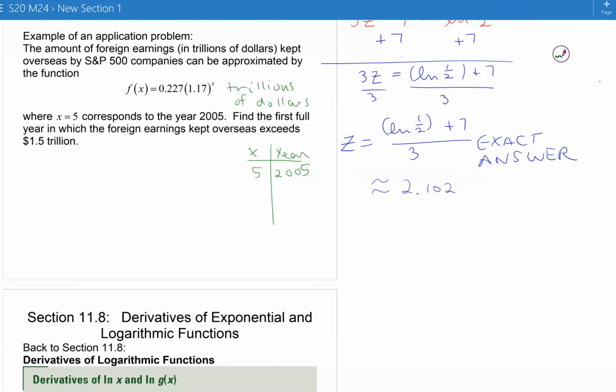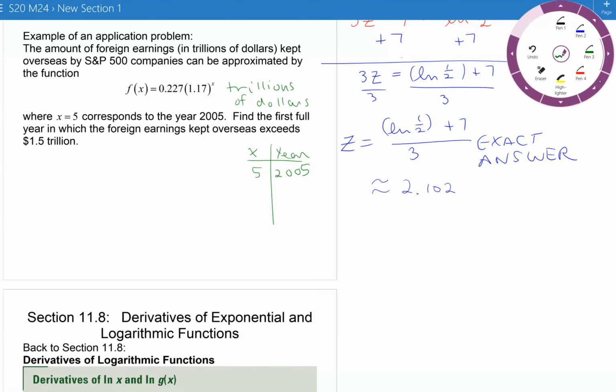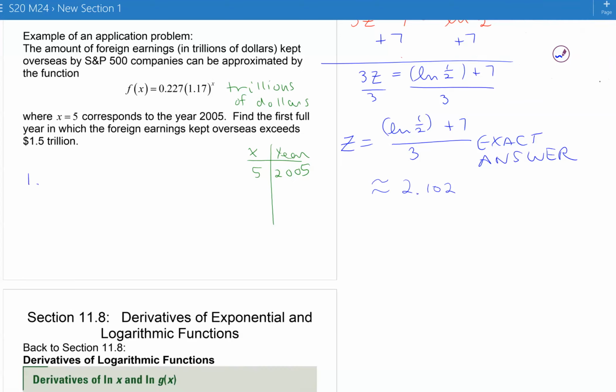So we're asked to find the first full year, so that's solving for an x, in which the foreign earnings exceeds 1.5 trillion. So we're going to find when it equals 1.5 trillion and then say you have to go past that time in order to be over 1.5 trillion.